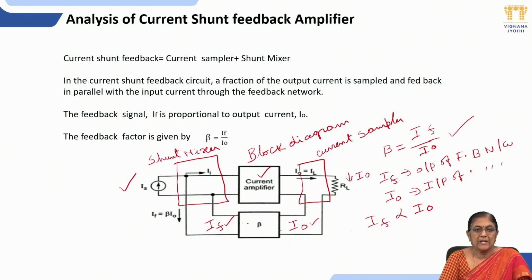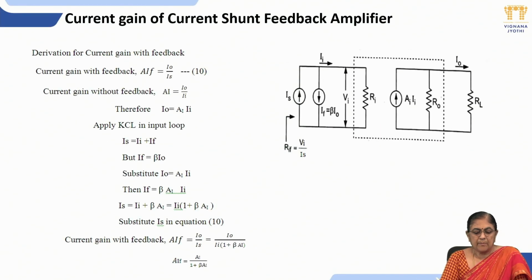So now you clearly understand this point. In current shunt feedback amplifier, the basic amplifier is current amplifier, the input of the feedback network is I0, and the output of the feedback network is IF. Therefore, the feedback factor is IF by I0. Next we will see the derivation for current gain with feedback.